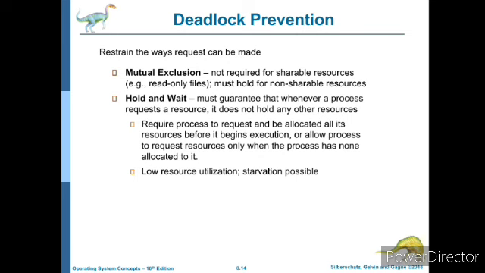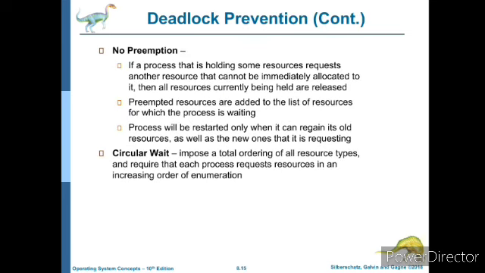So next condition is no preemption. Okay. Third necessary condition for deadlock is that there will be no preemption of the resources that have been allocated. To ensure that this condition does not hold, we can use the following protocol.